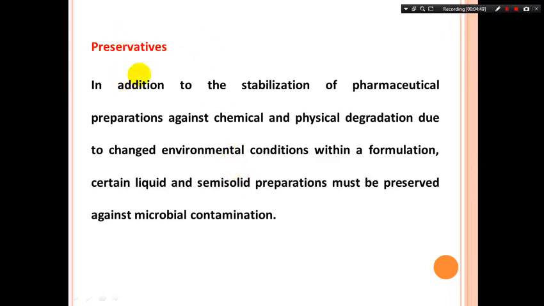Regarding preservatives, pharmaceutical preparations require stabilization against chemical and physical degradation. So preservatives should be added to preserve them against microbial contamination.